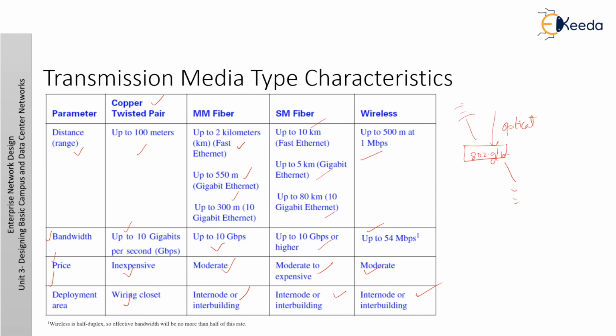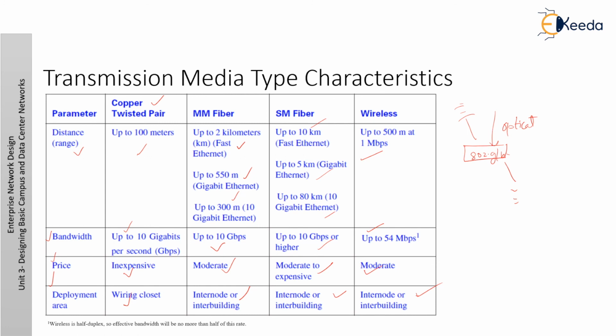Now let us discuss each of the parameters, like distance. This is the maximum distance between network devices such as workstation, server, printer and IP phones and network nodes, and between network nodes. The distances supported with fiber vary depending on whether it supports fast Ethernet or gigabit Ethernet, the type of fiber used and the fiber interface used.